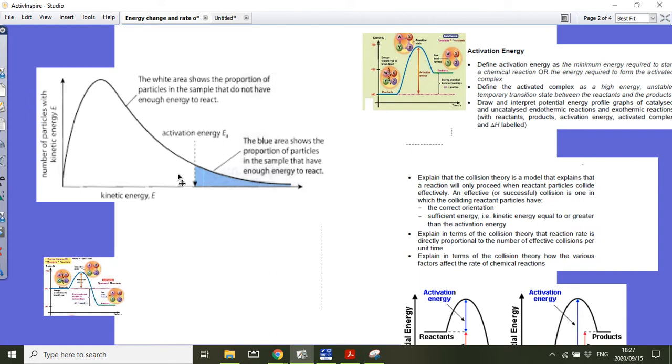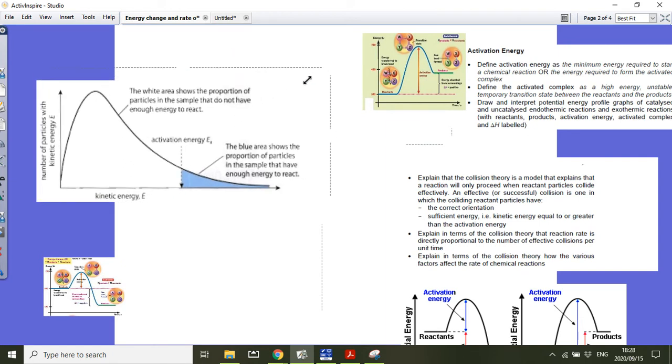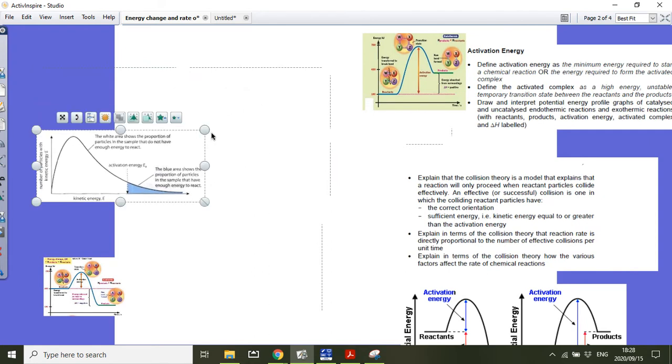Now all these particles do not have enough energy to overcome the activation energy, or not higher energy than the activation energy. The kinetic energy here is equal to the activation energy, and anything higher than that would mean I do have an effective collision now. So only this proportion of the particles can react. And this becomes important later when we look at the factors that affects the rate of a reaction.